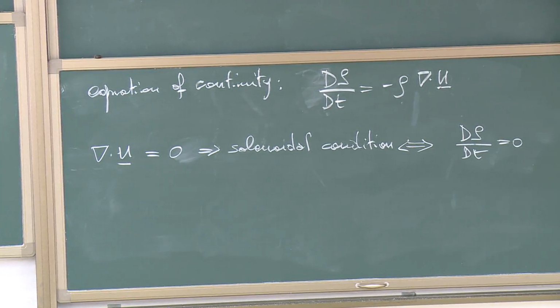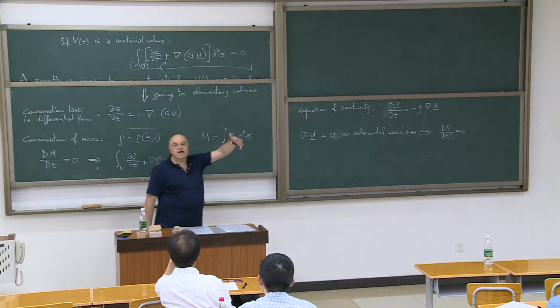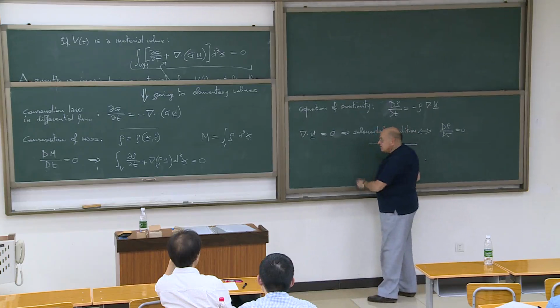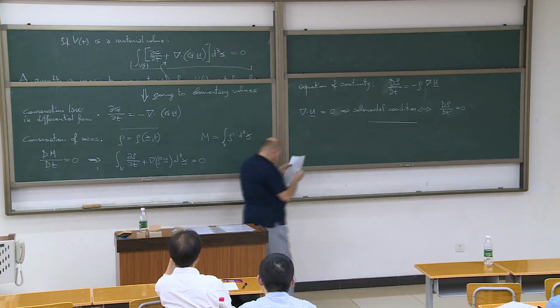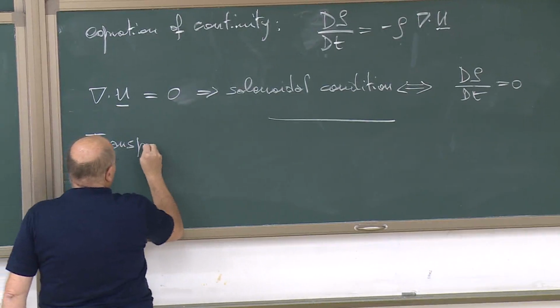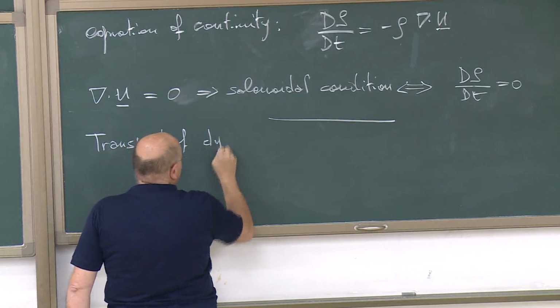Now, I'm skipping, because I said you multiply by a unit vector, blah, blah, blah. So I'm skipping all that, and I just give you the dynamical equivalent of the kinematic transport theorem. So this is the transport of dynamical property.